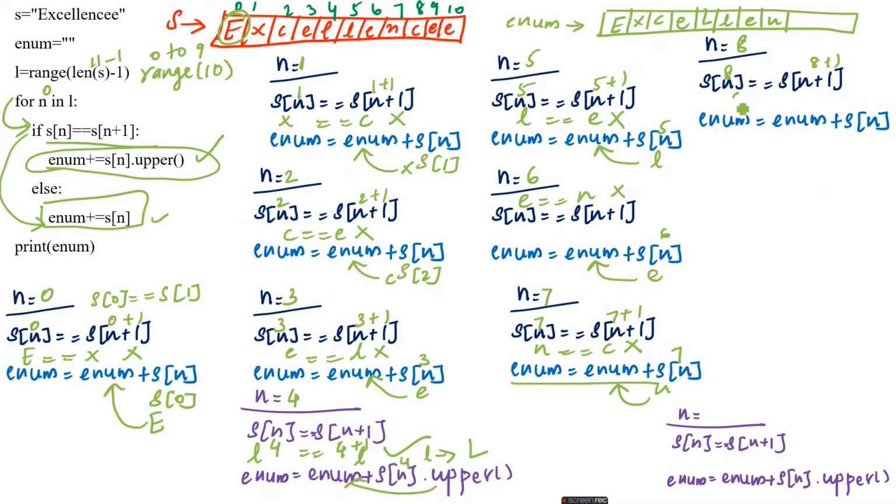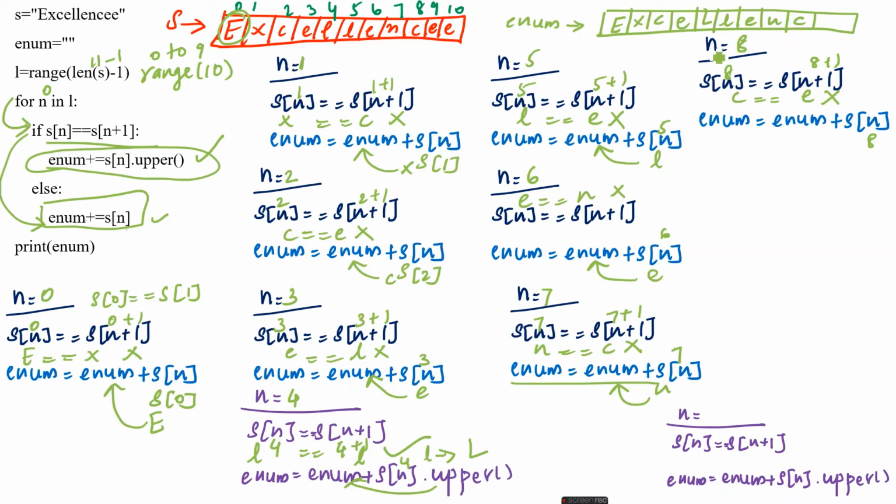The value of s of 8 is c and value of s of 8 plus 1, 9 is e. The condition is false. So we have to concatenate s of 8, that is c, to the string enum.